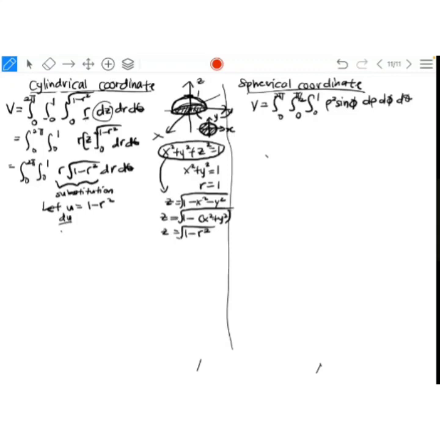So du dr will be negative 2r. We have r dr there, so r dr will be negative 1/2 du. You just rearrange your equation so that what's left is r dr only on your right hand side. All the other terms, bring to the left hand side.